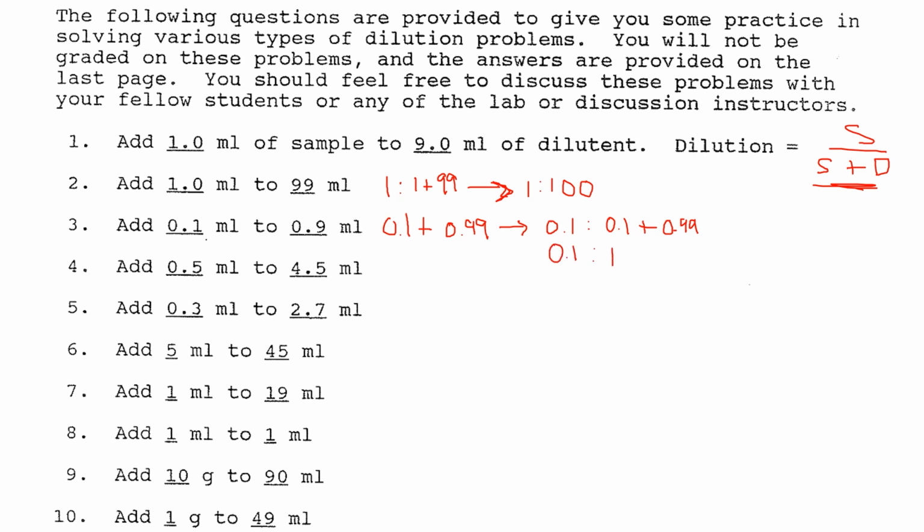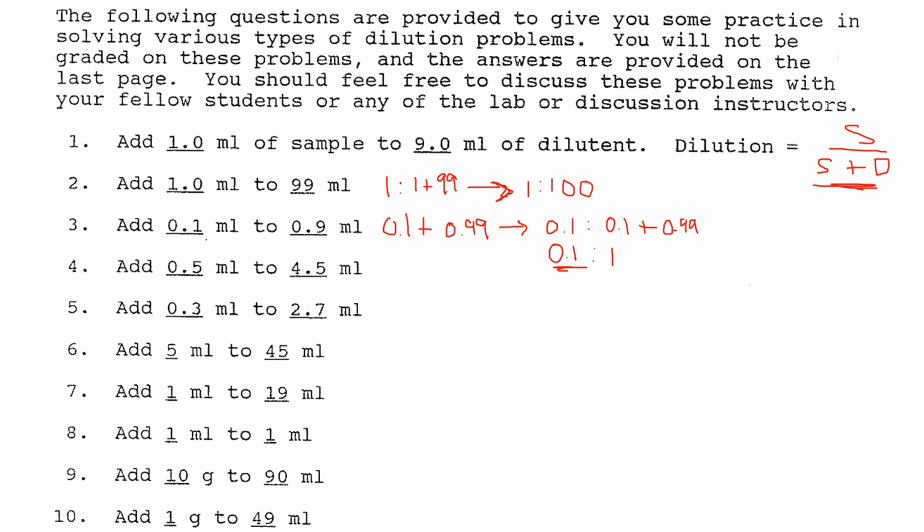But you can't just leave the dilution like that. You have to multiply this by 10 so that you have a normal dilution ratio. It's weird to have a decimal in a ratio, because that's not a notation we usually use in math.